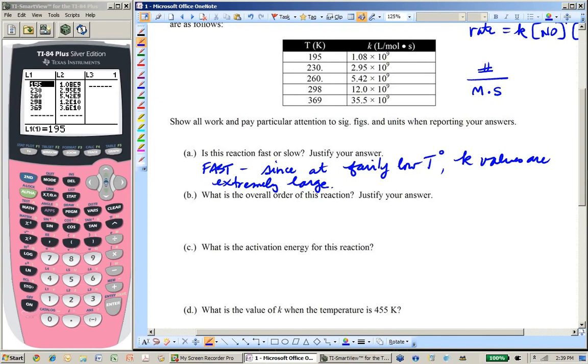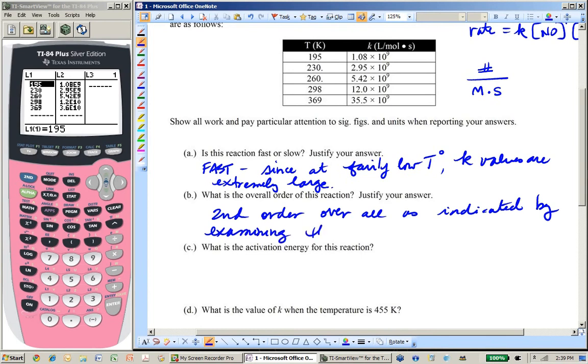And bingo, you have two fingers in the air, so it is second order overall, as indicated by examining the units on the K value.